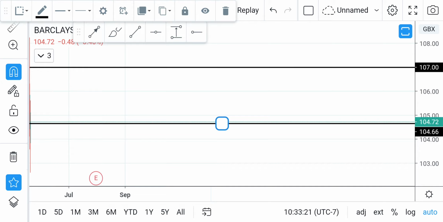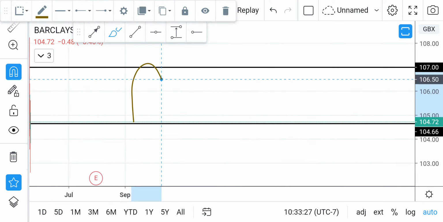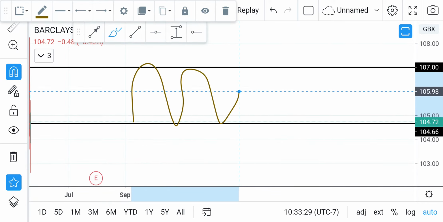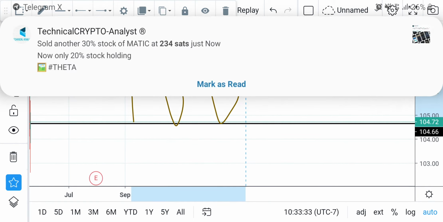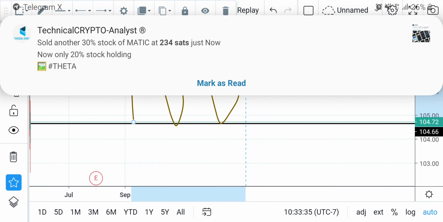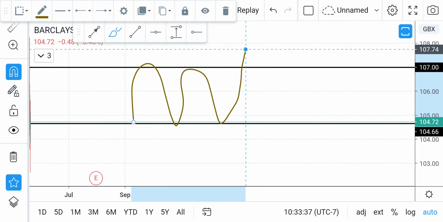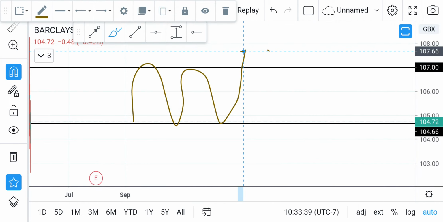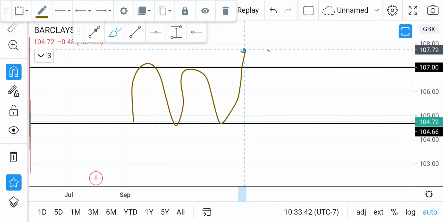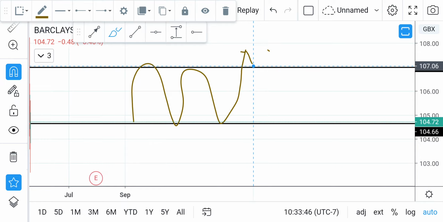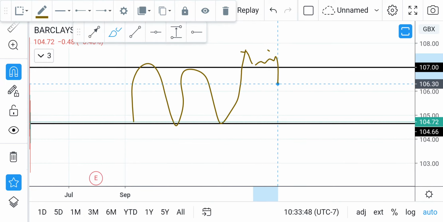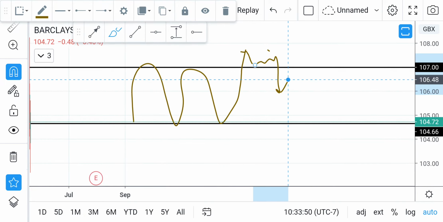It's like a bull trap or bear trap. Let me try and illustrate it. So price is moving within this channel, then it breaks above. People think, okay, price has gone above, that it is bullish, then they start buying at this point. But the next thing that is going to happen is that price starts going down and moves back into the channel.